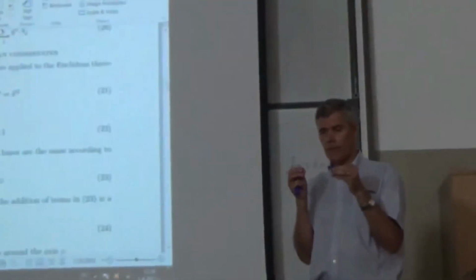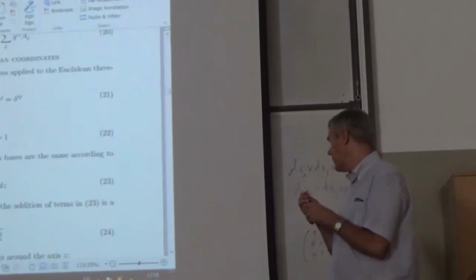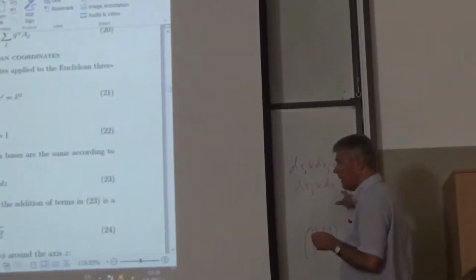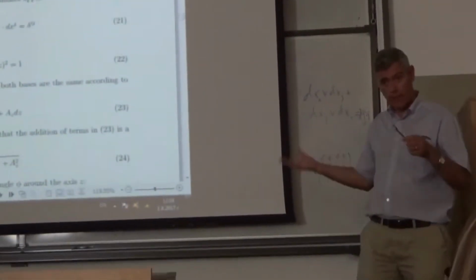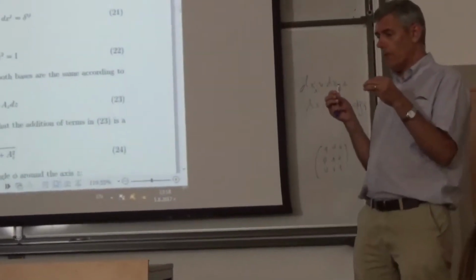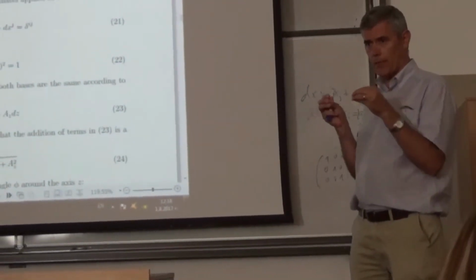No. Hestenes is always presenting the metric as a matrix. No, wait a minute. Here we are doing a scalar product of differential forms, and with the metric we can do this scalar product.